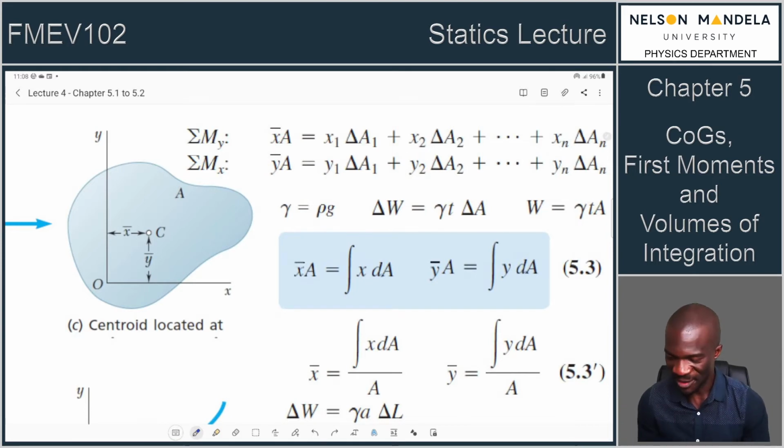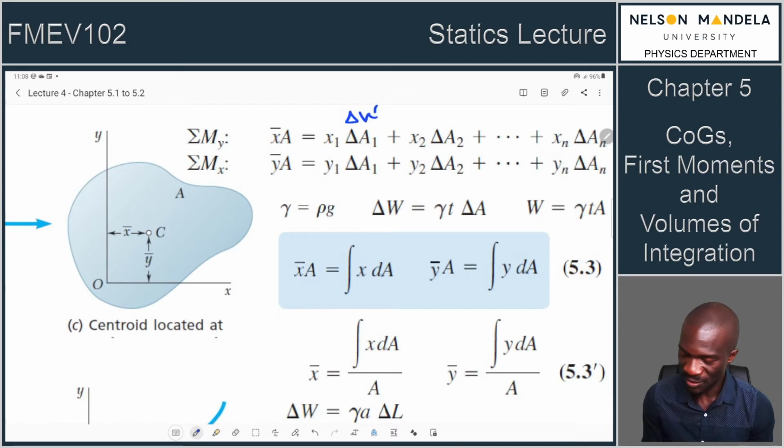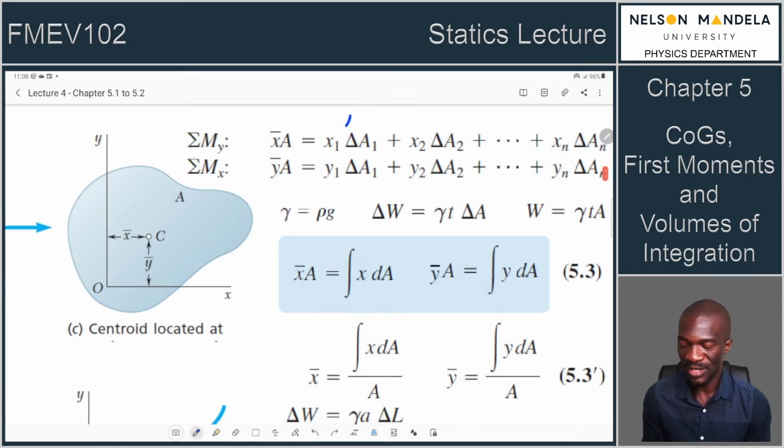The moment about the y-axis gives us x bar A, where we had W, we now have area. W is now replaced by area because the weight per unit volume and the thickness of the object are common on both sides, and these are constant. So we now have this equation which we derived just now.